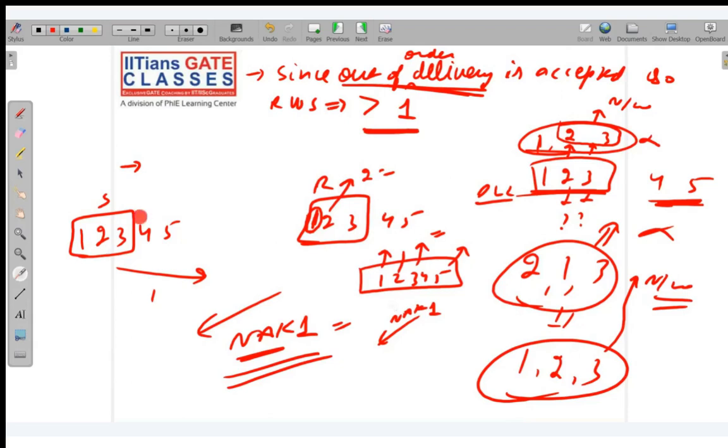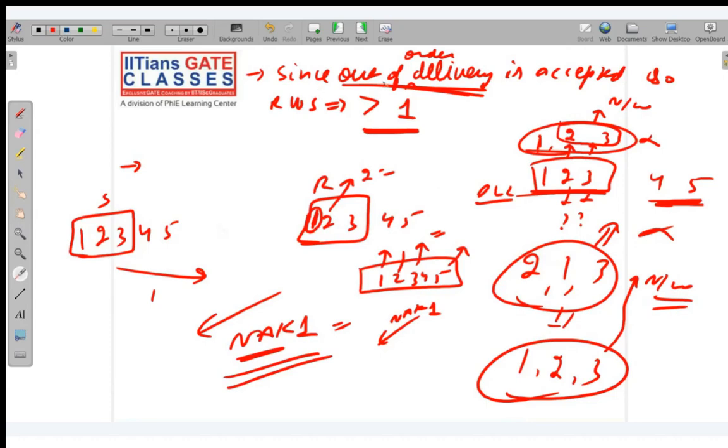For example, it has sent lots and lots of packets, and for every packet it is maintaining a timer. If NAK1 comes, the sender will have to search its window, find frame number 1, and retransmit it. So again, searching is needed. At the receiver side, sorting is needed. At the sender side, searching is needed, and these were not needed in Go-Back-N.